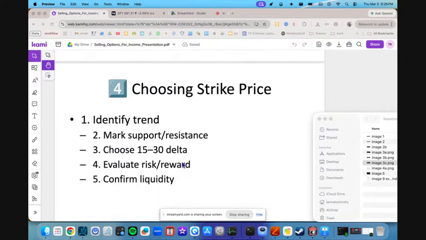All right, so where do you choose strike prices? We're going to go over a little bit of technical analysis in terms of where I look for selling a strike. The deltas are interesting in that they are probability based. However, a lot of positions will trade in a trend. You might see the stock go up to a resistance line, bounce down to a certain amount, get to a support line, and hover between support and resistance.